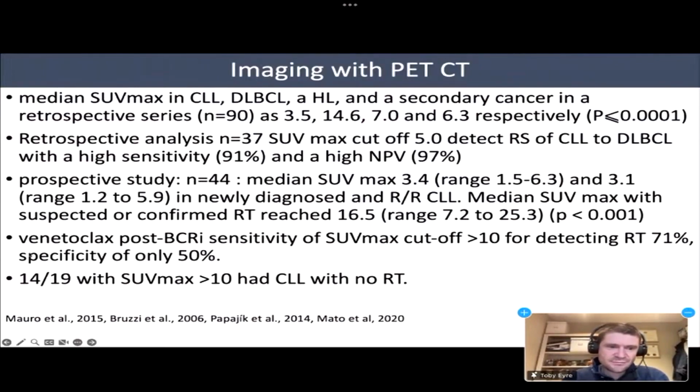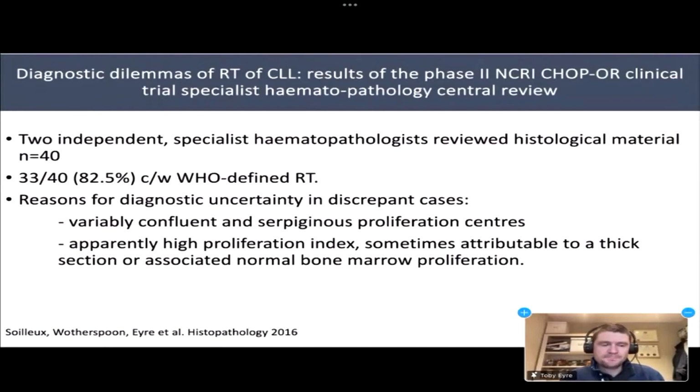There is really relatively limited data with patients post, for example, BCL2 inhibitors or BTK inhibitors, and I think some of that data still needs to be more fully worked out. But in essence, those are the rules of where PET is valuable in people who you're concerned may have Richters.